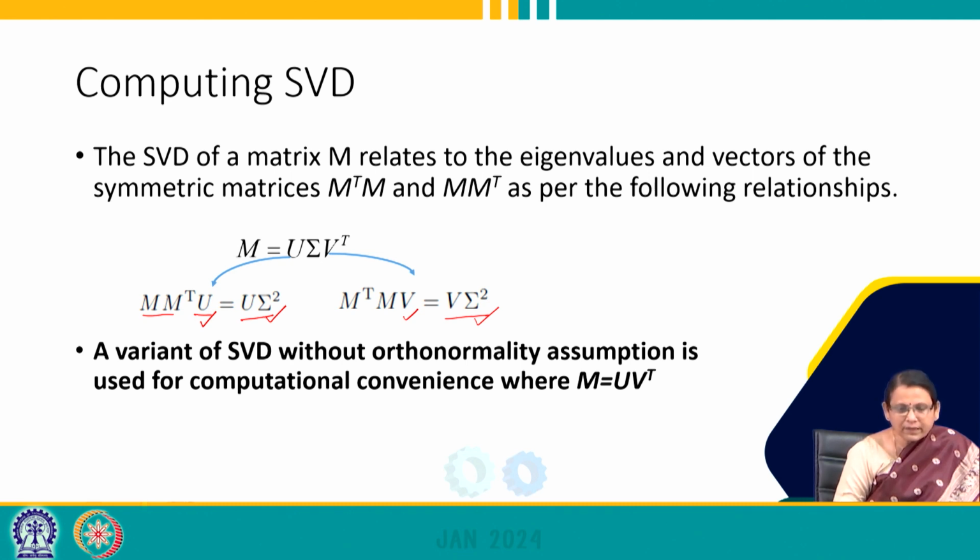Though mathematically it looks very nice, while computing it may become a little cumbersome, because when the matrix becomes very large, finding these eigenvalues and eigenvectors will be difficult. To remind you, how did we discover these?